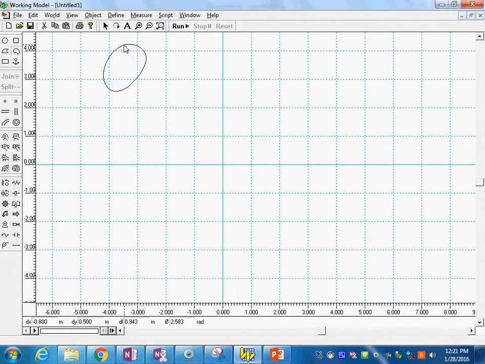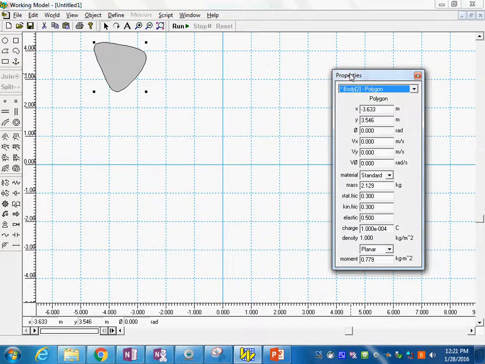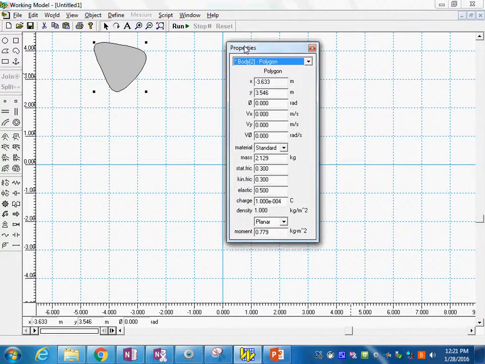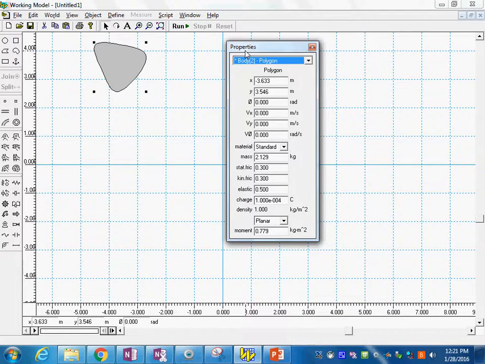In all of this, one thing that you should remember is that what you are seeing on the screen is actually not a drawing. It's a rigid body with properties. Let me show you what I'm saying. If you double click on here, you see what's in here? So you can see that this program is totally different than a CAD package, for example.